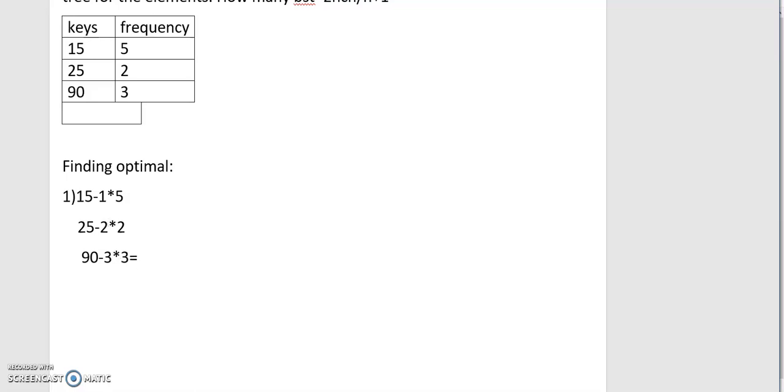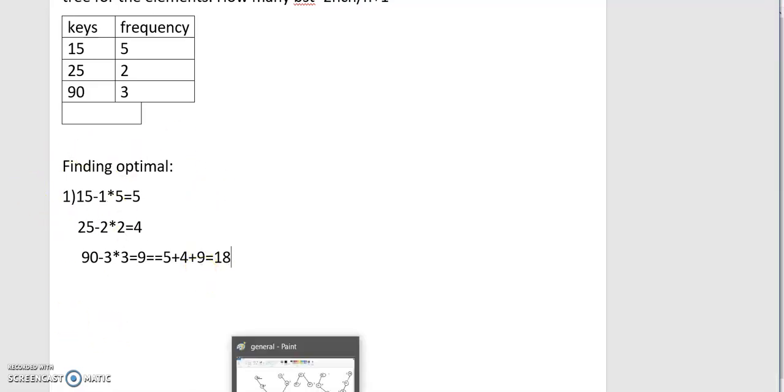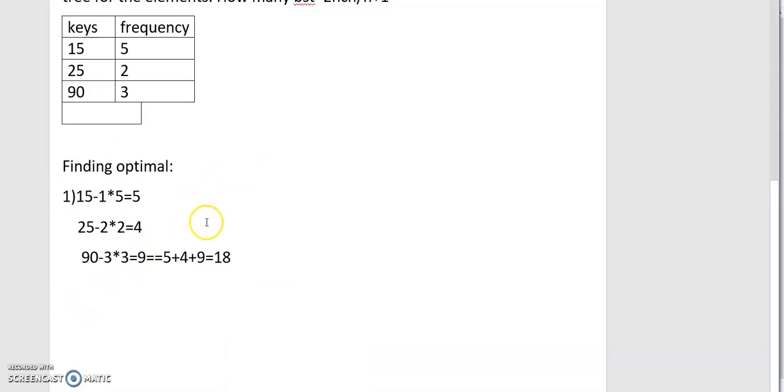Then if you find the values, 3 into 3 is 9, 2 into 2 is 4, and 1 into 5 is 5. So the total is 5 plus 4 plus 9, which is equal to 18. 18 is the solution for the first tree. Next, the second tree.